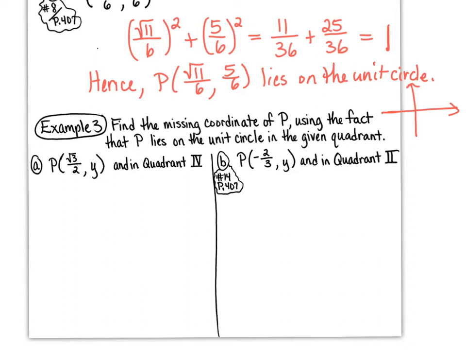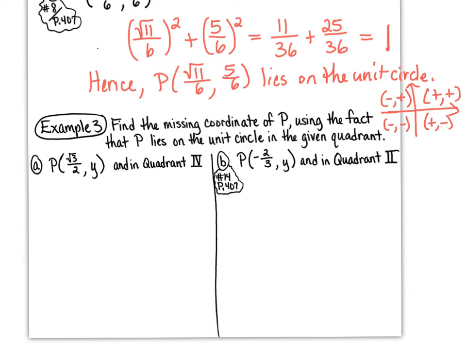Positive, positive, good. Quadrant 2? Negative, positive, good. Quadrant 3? Negative, negative, good. Quadrant 4? Positive, negative, good.